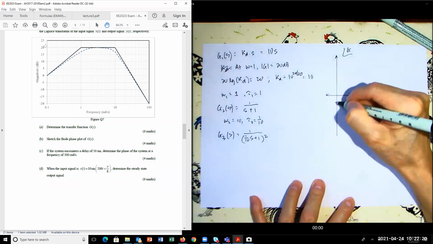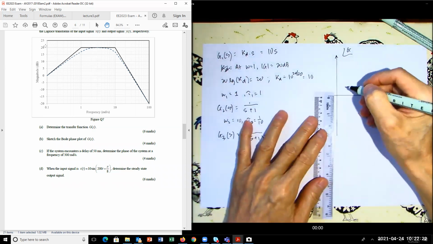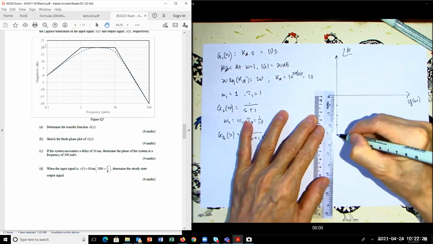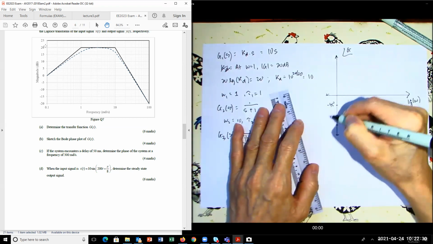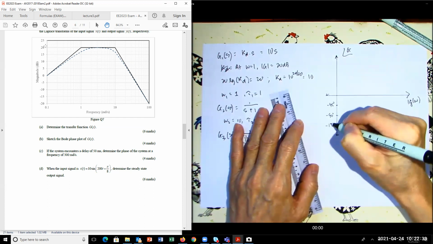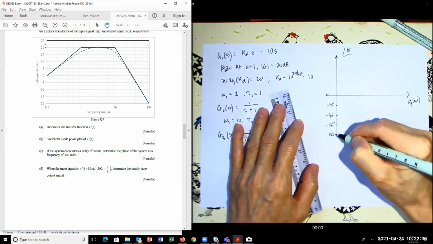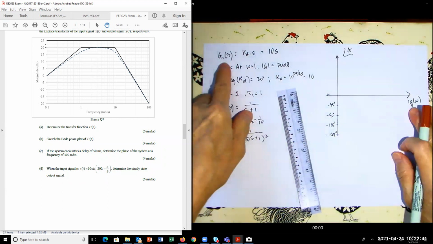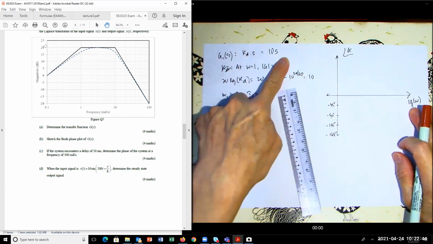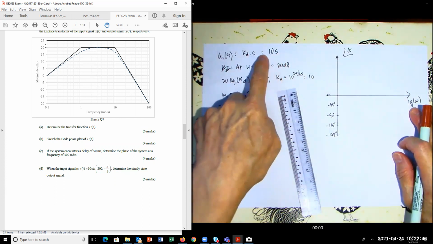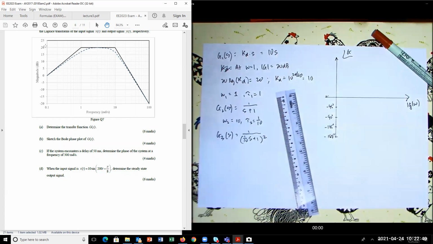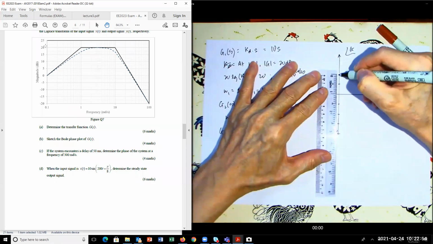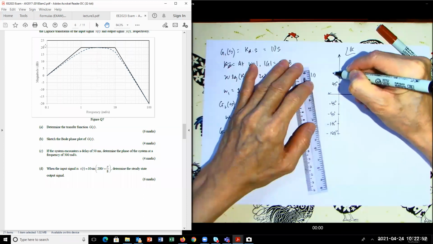So let's say this is minus 45, minus 90, minus 135, minus 180. Okay, let's do that. G1 is a differentiator, so its phase is a constant 90 degrees. Let me put that up first. So this is 45, this is 90.